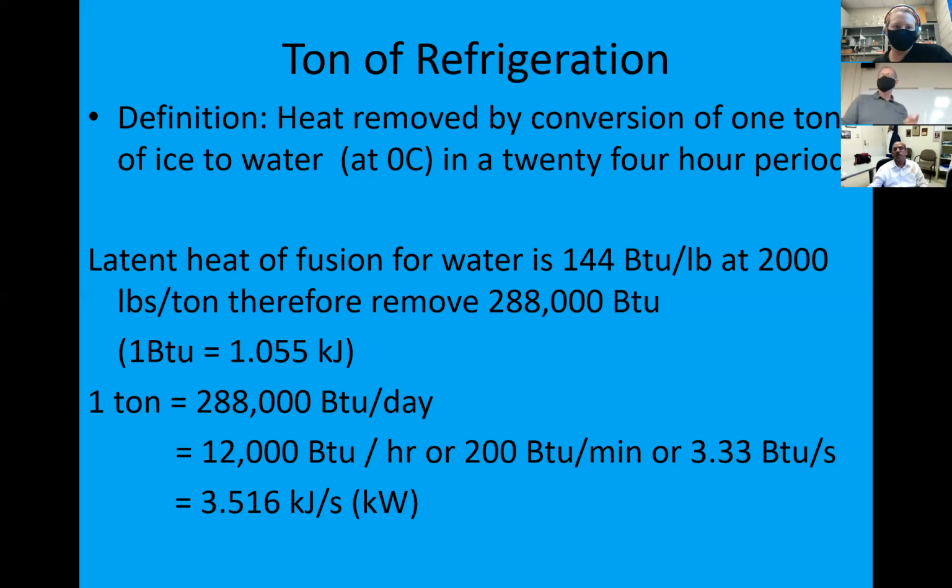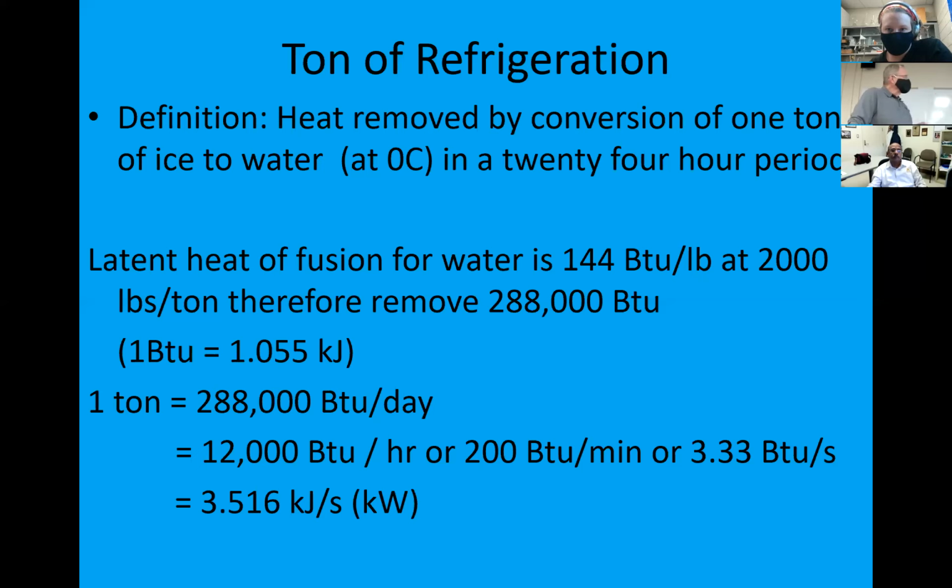This is kind of hard to get your head around, but in the old days, you took a ton of ice and put it in your ice chest or in the walls of your building, and how much ice you put in there, you'd say, well, I need about 45 tons of ice for the next month in order to keep this or that cold.